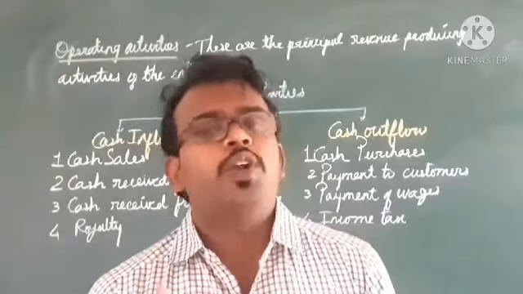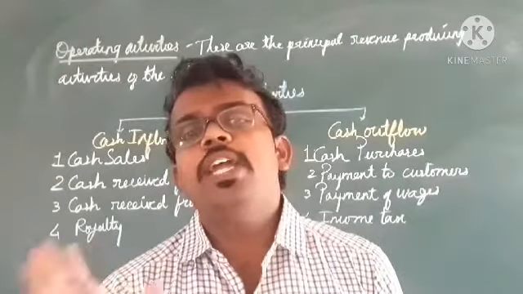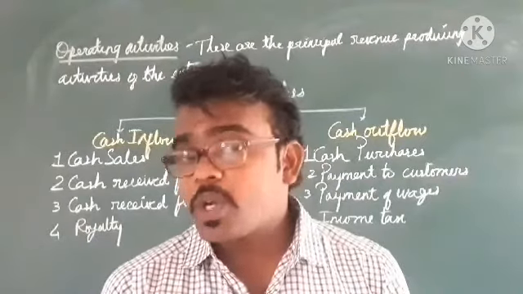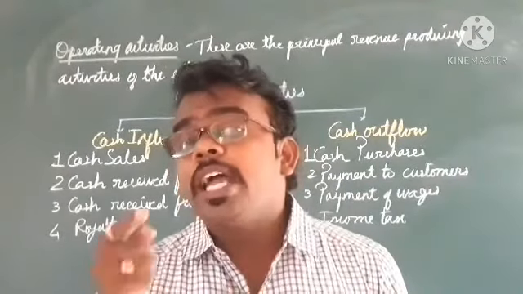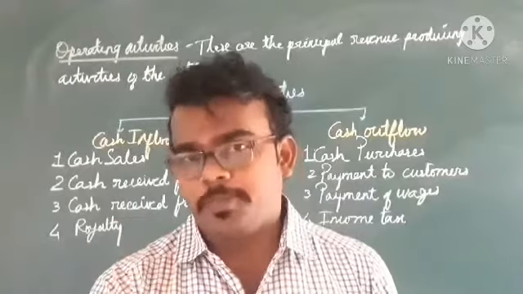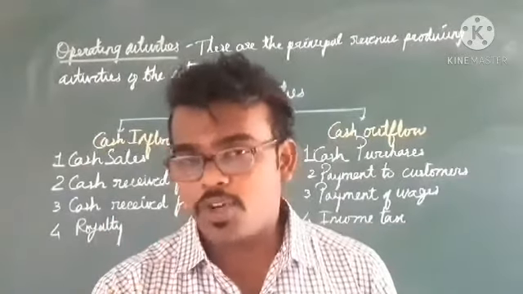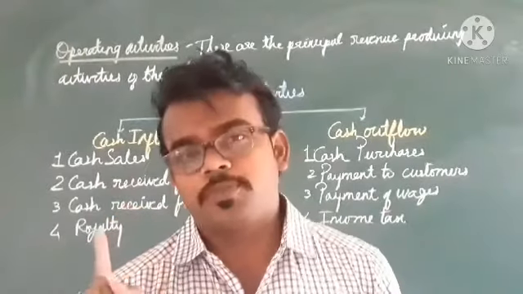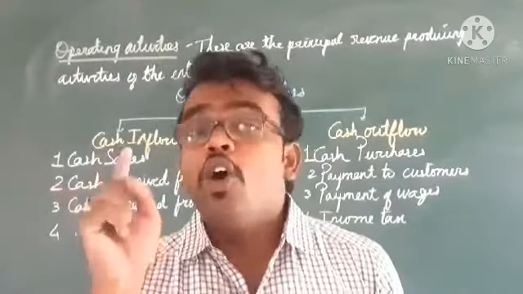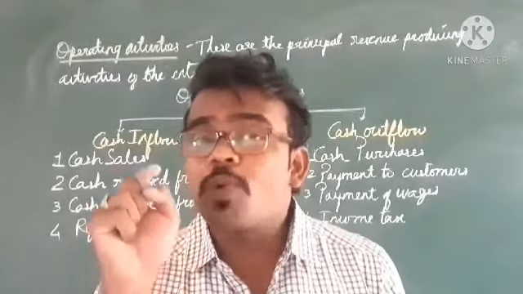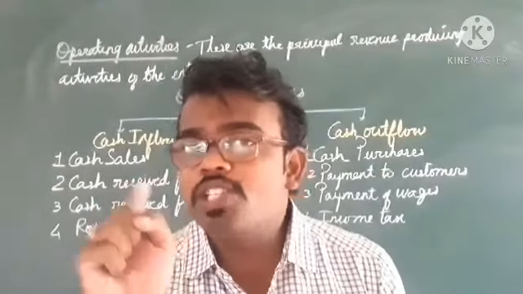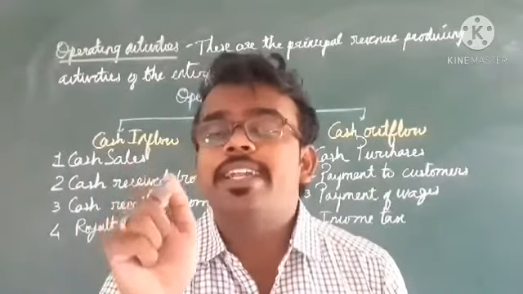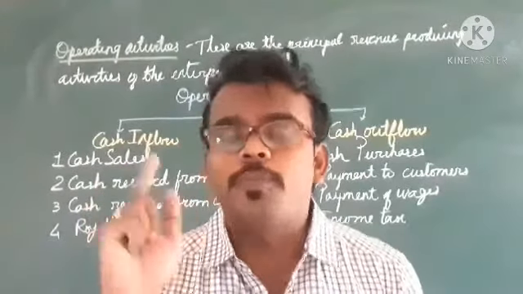I will tell you, I don't have the money now, after one week I will pay you. So I am a debtor. Why am I a debtor? You need to receive the money from me. After one week, I will pay you 10,000 rupees. For your business, is cash coming in or going out? Cash is coming in, so it is considered a cash inflow.